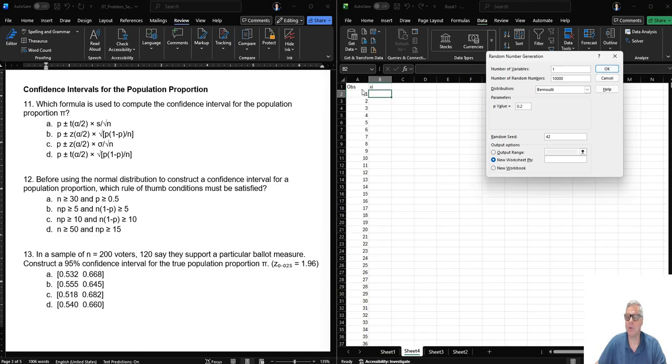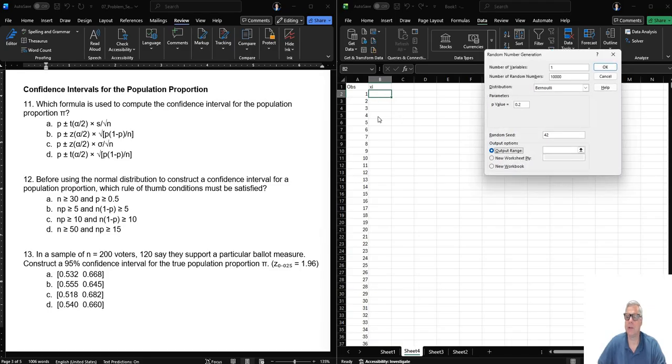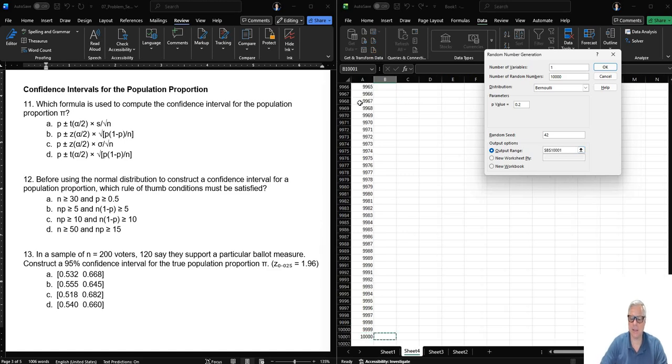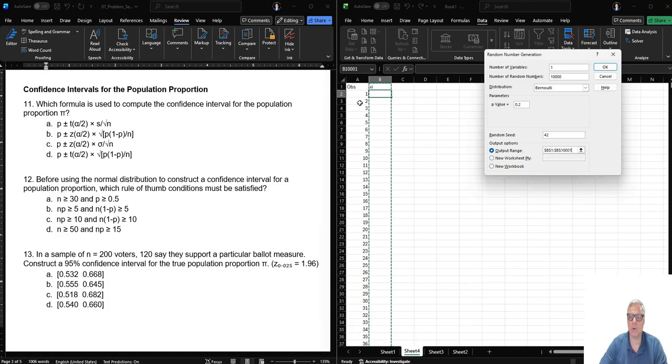And where do we want to display the 10,000 observations? Not in a new worksheet, but right next to my list of 1 to 10,000. So the output range starts in cell B2 and ends in cell B10,001.